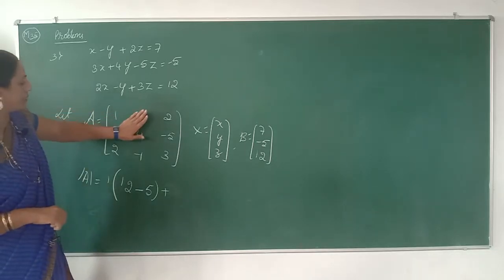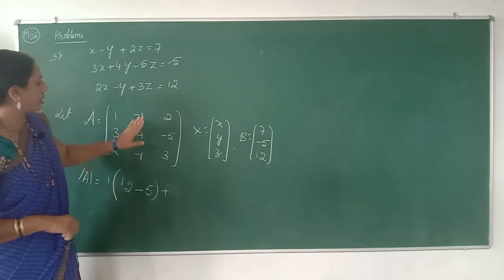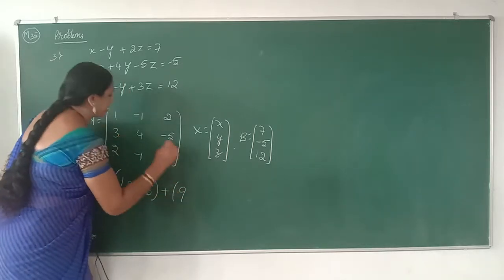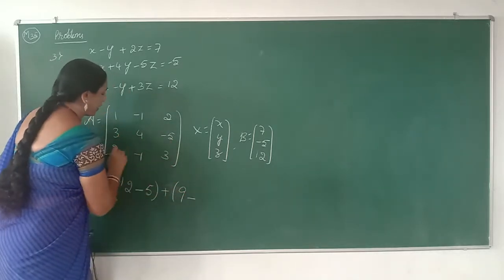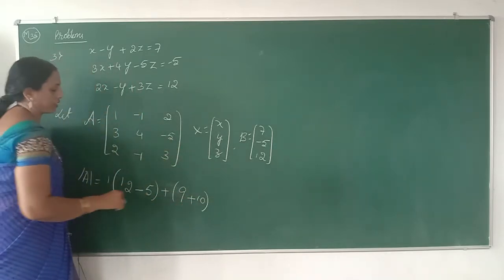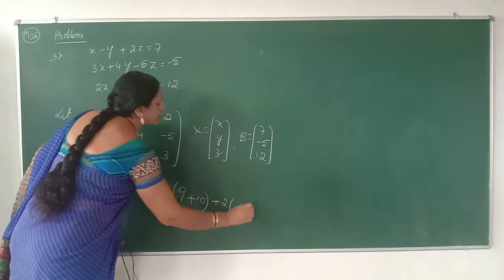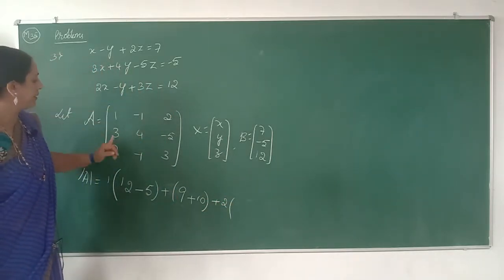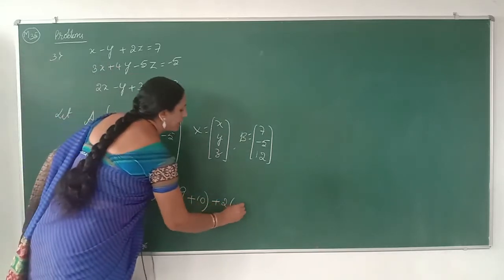So 1 is an element of first row, second column, and these get neglected. Remaining are 3 into 3 is 9, minus 5 into 2 is minus 10, minus into minus is plus 10. Plus 2 is an element of first row, third column. These get neglected. Remaining are minus 3, minus 8.